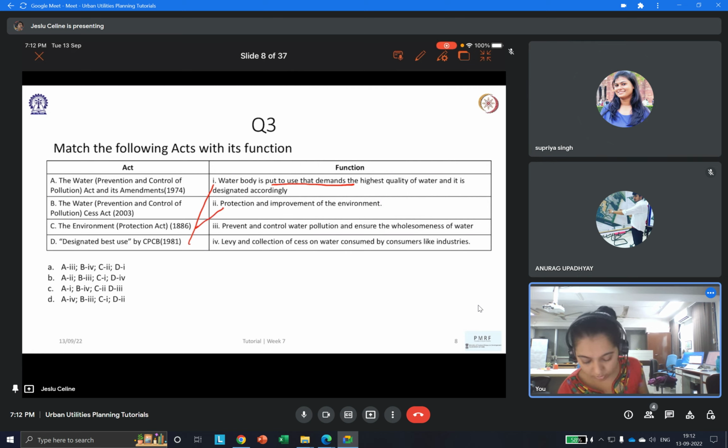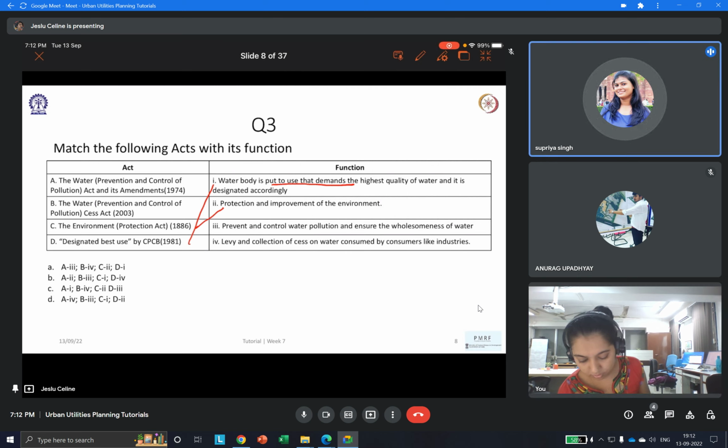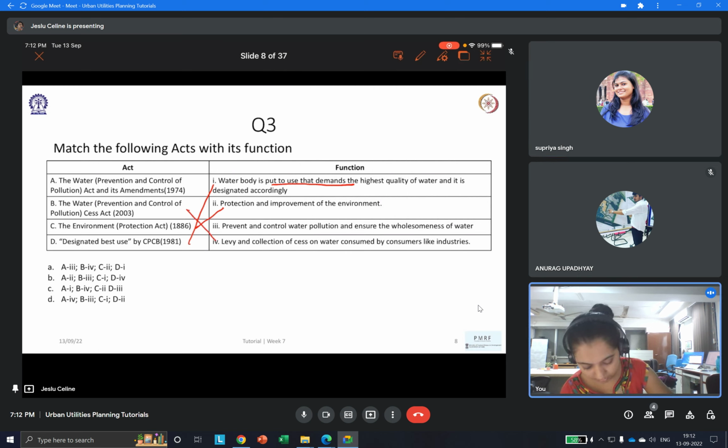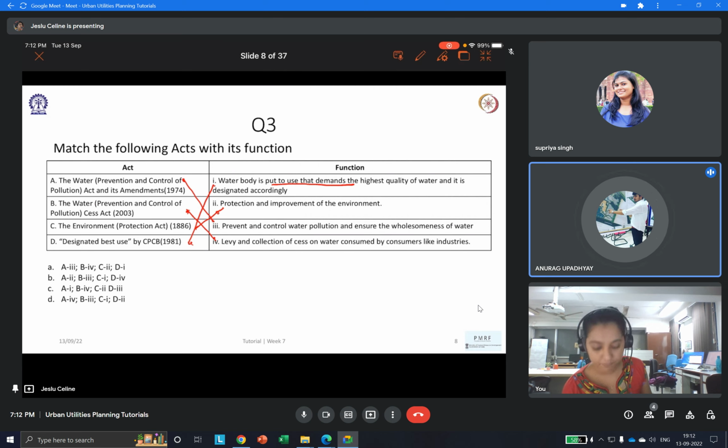And then the other two: B is 4, A is 3. Right. So Anurag, do you have any difference of opinion in these options? No, same.